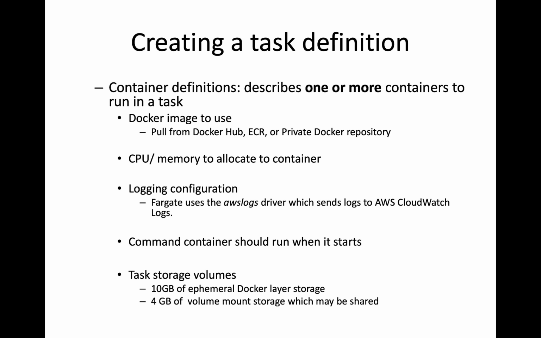And the key thing to remember is that you should consider this storage to be ephemeral. You should never store data within the container or within the Fargate cluster. You should always persist data outside of it in something like S3 or DynamoDB or maybe an RDS database.